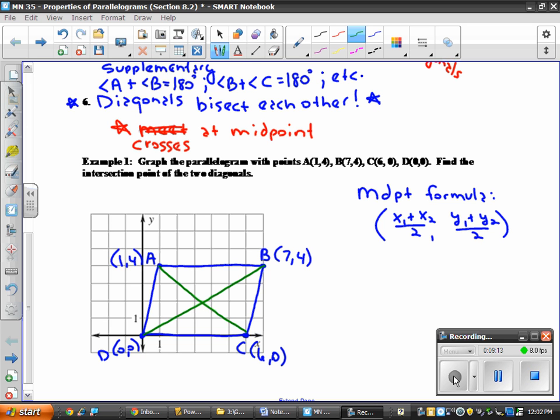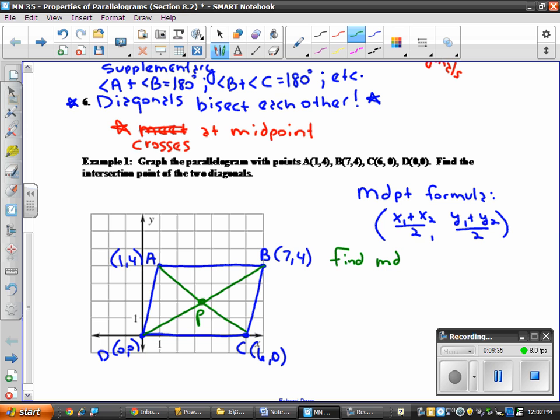And what it's asking here is find the intersection point, this point, and let's call it P, of these two diagonals. So we want to find that point, which is the midpoint of either AC or the midpoint of BD. So really what we're trying to find is the midpoint of AC, or you don't have to do both, but or BD.